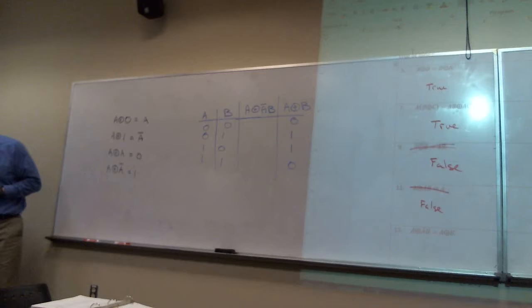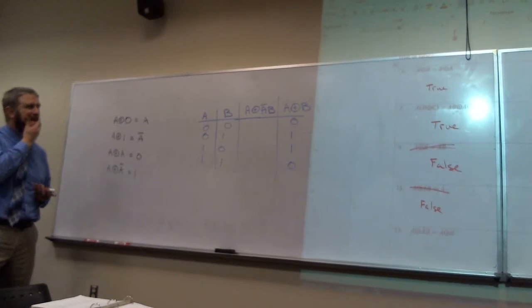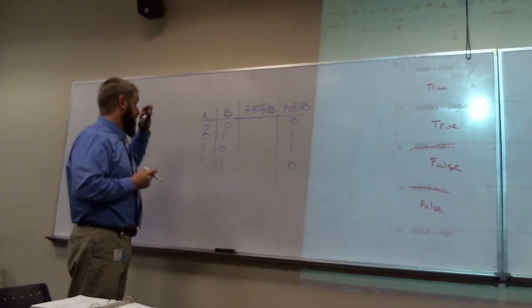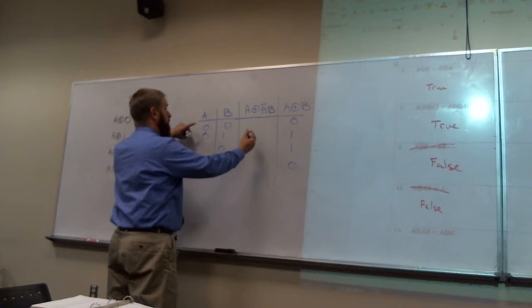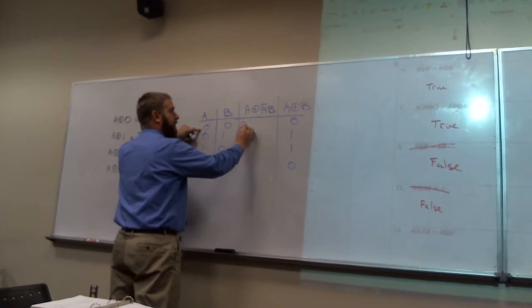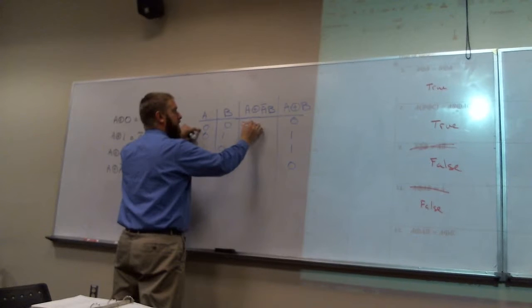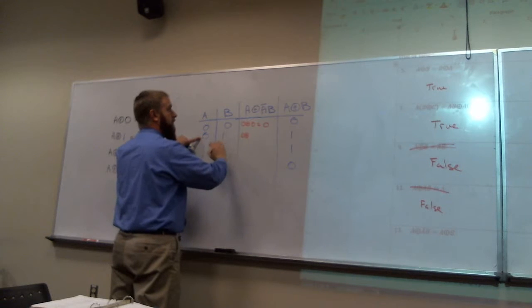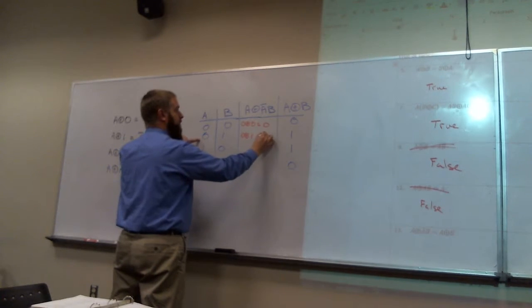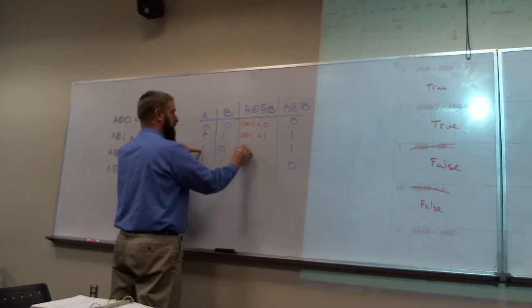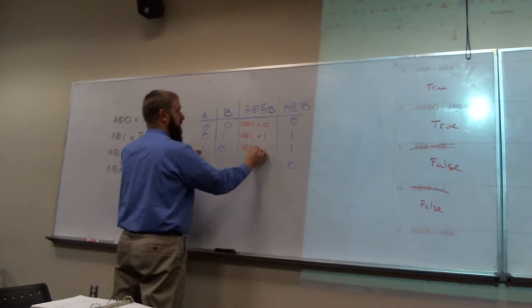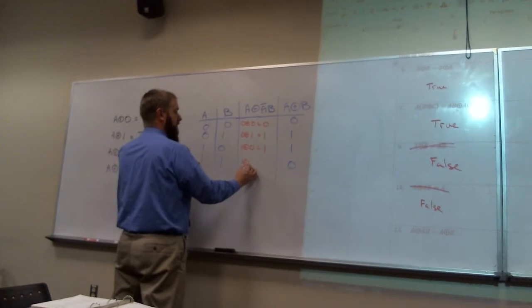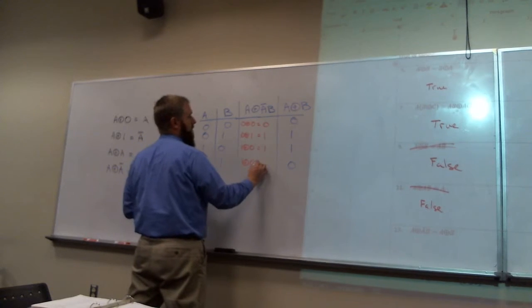True or false? First one's 0. 0 XOR 0 equals 0. 0 XOR 1 is 1. 1 XOR 0 is 1. 1 XOR 0 times B, 0, is 1.